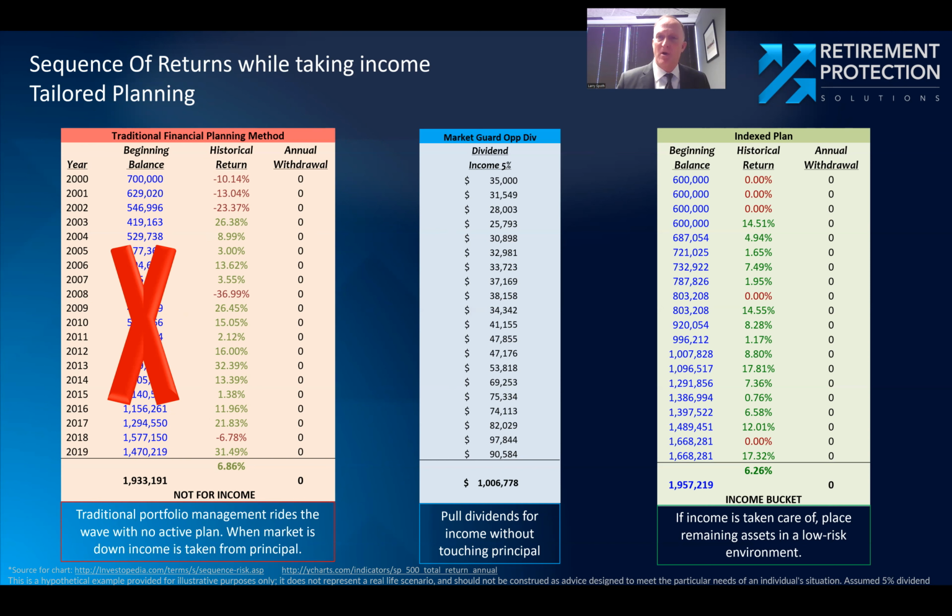So we'll use the Market Guard portfolio that I showed you with that diagram, where we're selecting dividend paying stocks, utilizing that algorithm to help us select trending stocks. I don't want to buy the losers. I want to buy the ones that are trending with dividend yield. Obviously there's volatility, but that's what we want to do. We'll use the Market Guard dividend portfolio to help create income for retirement, if that's appropriate for your case.